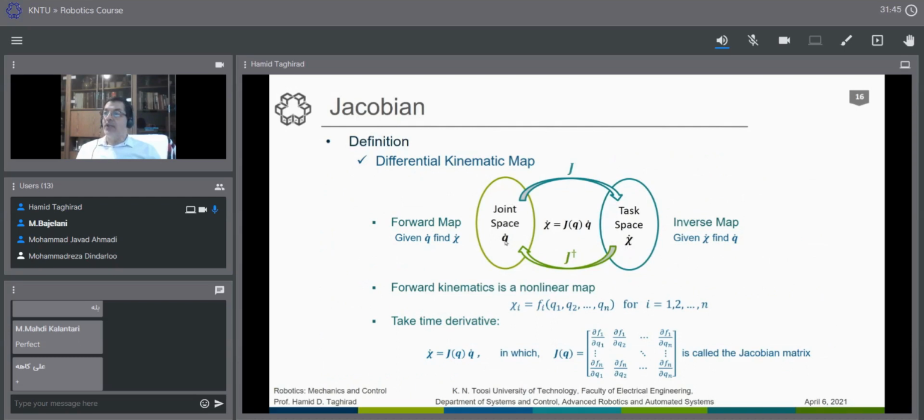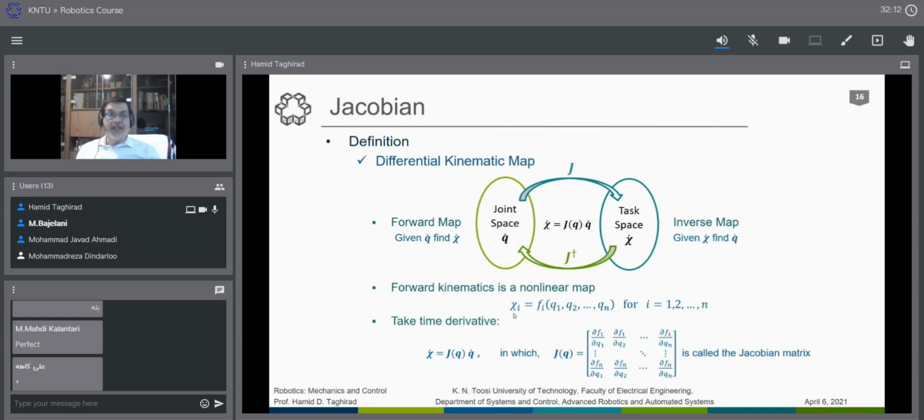If Q dot is given, the relation between Q dot and X dot is simply defined by a Jacobian matrix, the same as the Jacobian we have in mathematics. It comes from direct differentiation of the forward kinematics.